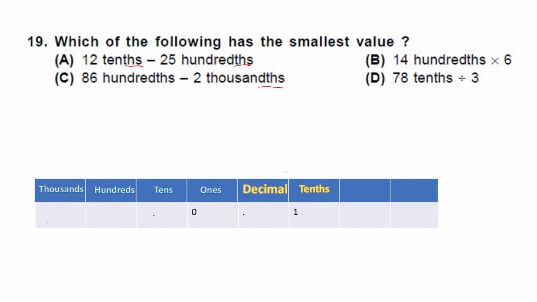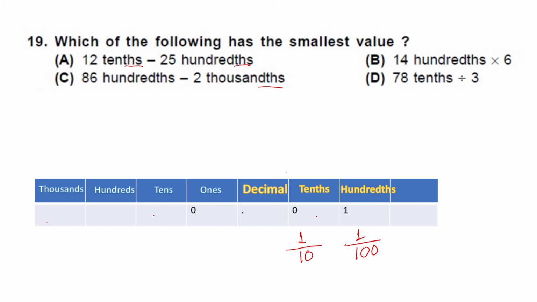So this is the tenths place. Tenths place is nothing but 1 by 10, which is represented as 0.1. Similarly, 0.01 is the hundredths place, which is nothing but 1 part out of 100.